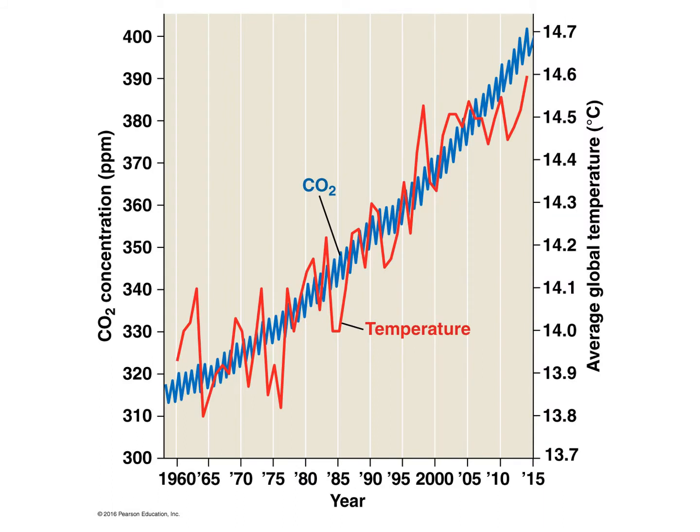So this graph is showing the correlation between CO2 concentrations on the y-axis and years on the x-axis. In blue, we see CO2 levels. We see a zigzagging line with an upward slope. The zigs and zags represent annual changes in CO2 associated with summer and winter. So in the summer, plants are pulling more CO2 out of the atmosphere, fixing it.